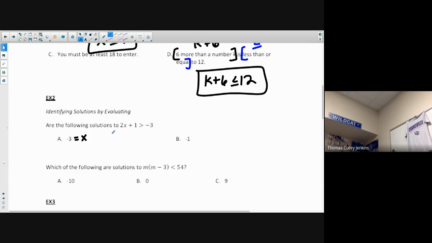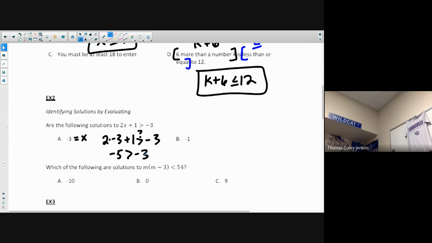This is kind of checking your answers. I'm going to sub in -3 right there and see if it's true or false. So we're saying 2 times -3 plus 1. We want to know, is that greater than -3? We simplify the left side. That's -6 plus 1 is -5. So that says -5 is greater than -3.